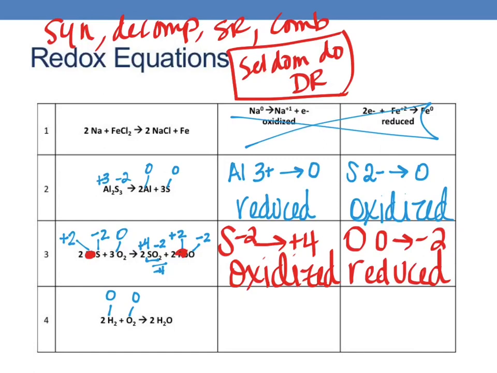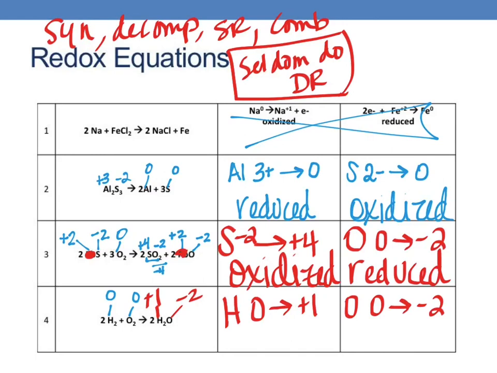Next. Oxygen's charge is a negative 2. Hydrogen's is a plus 1. So hydrogen goes from a 0 to a 1. Oxygen goes from a 0 to a minus 2.